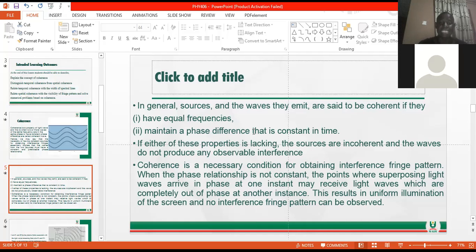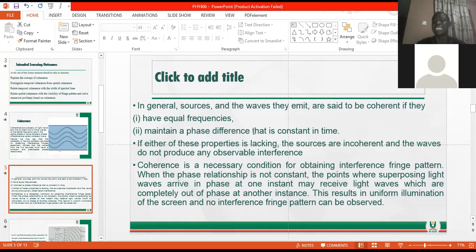Now, I said in the next point that if either of these properties is lacking, the sources are incoherent and the waves do not produce any observable interference. That means there is what we call destructive interference. They did not produce any observable interference.